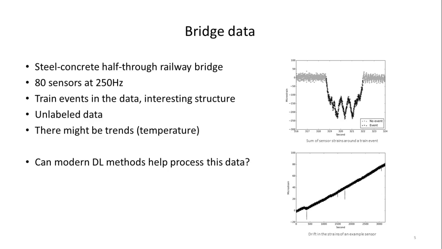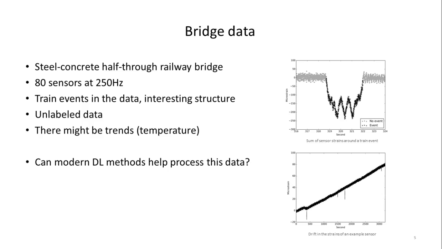Occasionally a train might pass through this bridge, which is picked up by the sensors. So in the first picture here, you can see some of the strains of all 80 sensors around the time a train event occurs. It's marked in black here.